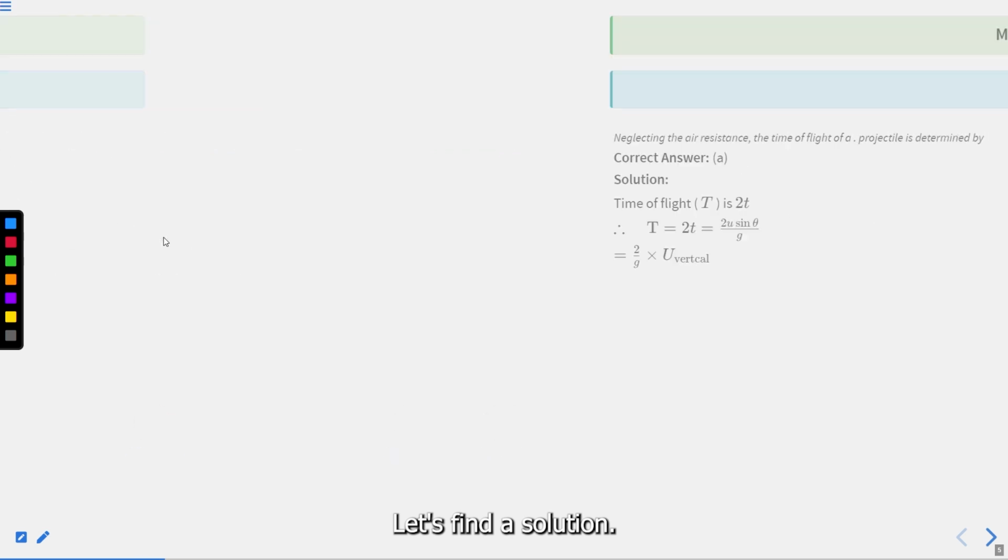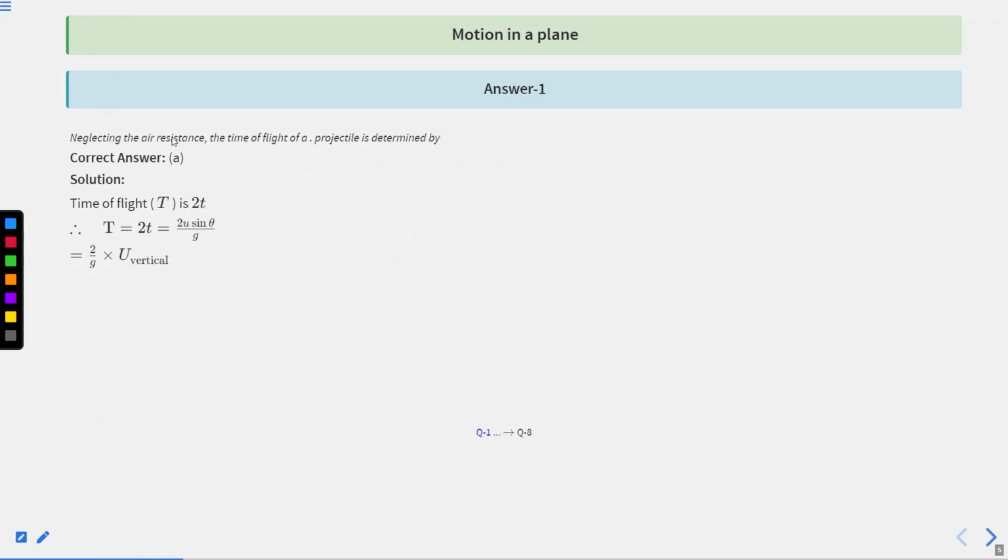Let's find the solution. The question says neglecting the air resistance. Clear? The time of flight of a projectile is determined by this. We know the time of flight, denoted by T, is 2t also, and the formula of time of flight is 2u sine theta by g. This is the formula.